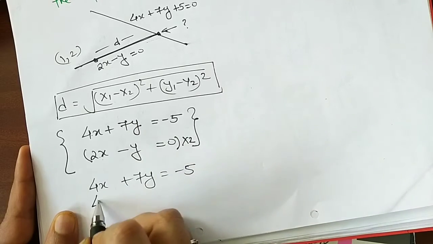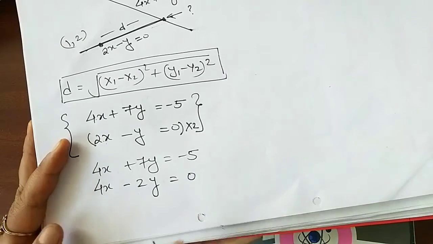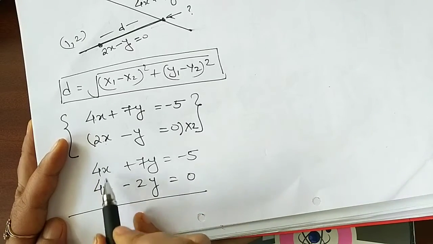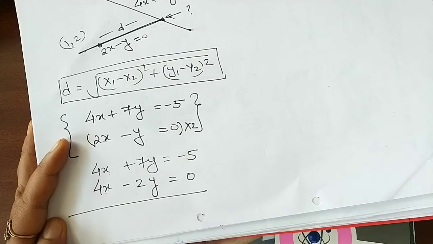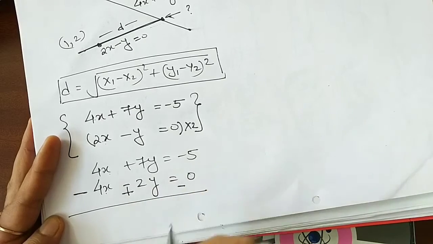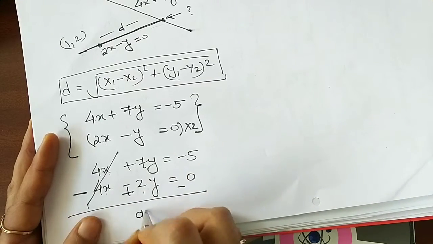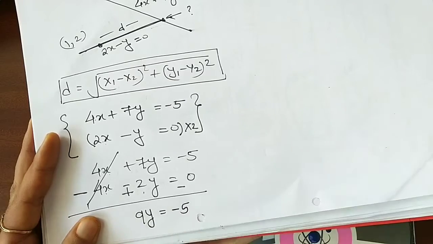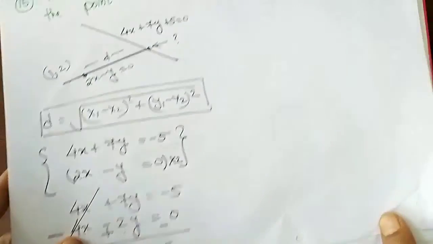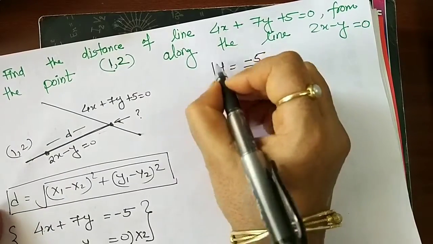The second equation is multiplied, so 4x minus 2y is 0. Now, what should I do to cancel it? Subtract or add? I should add it. I'm sorry, subtract it. Minus plus minus, so this will cancel. So 7 plus 2 is 9y is minus 5. So what is my y guys? My y value is minus 5 by 9.